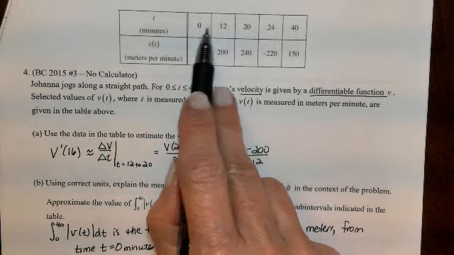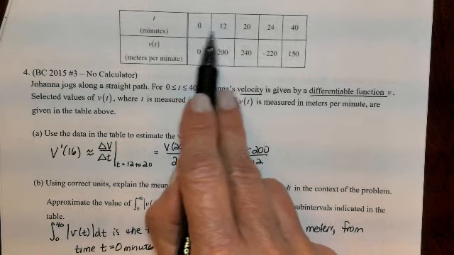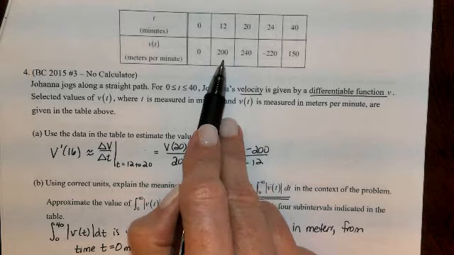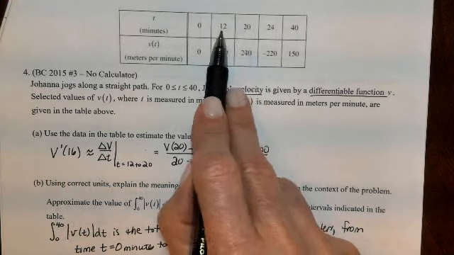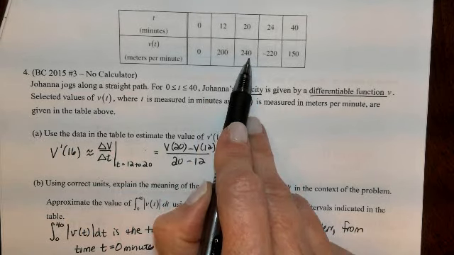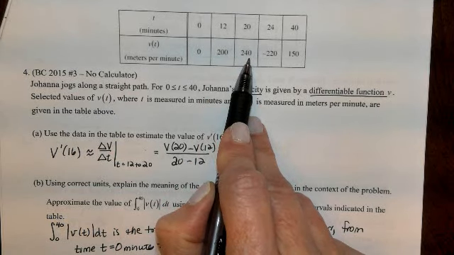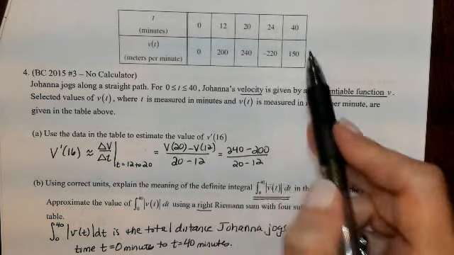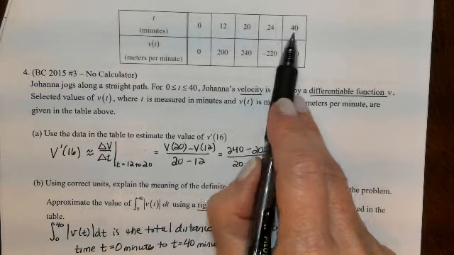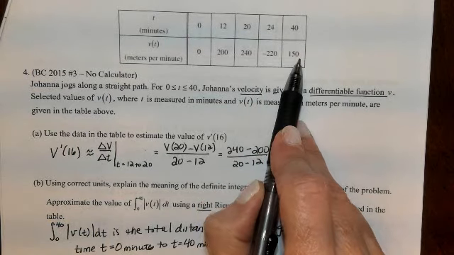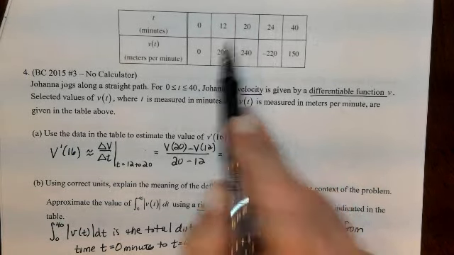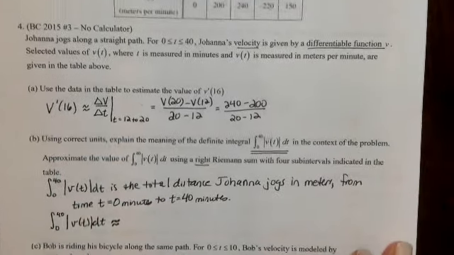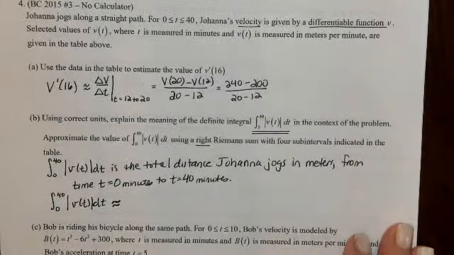So it'll be this length times that height. When we go to the next rectangle, it would be that length times this height, etc. Or we can start on the right and say, okay, let's just start with this one. This length times the right-hand side. And then this length times the right-hand side. Either way you do it is fine. I usually start on the right, but either way you do it is fine.